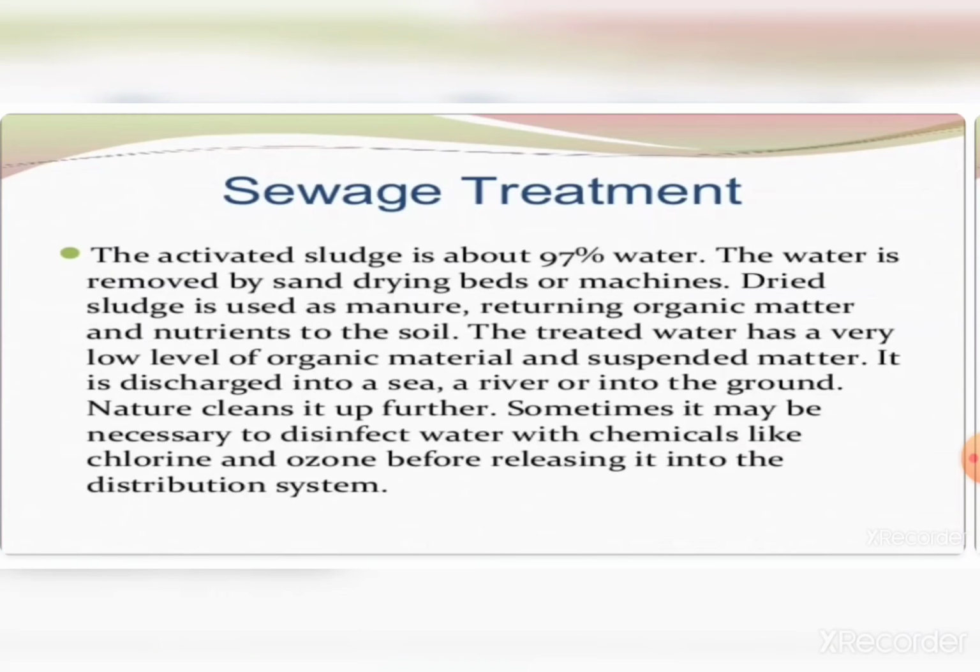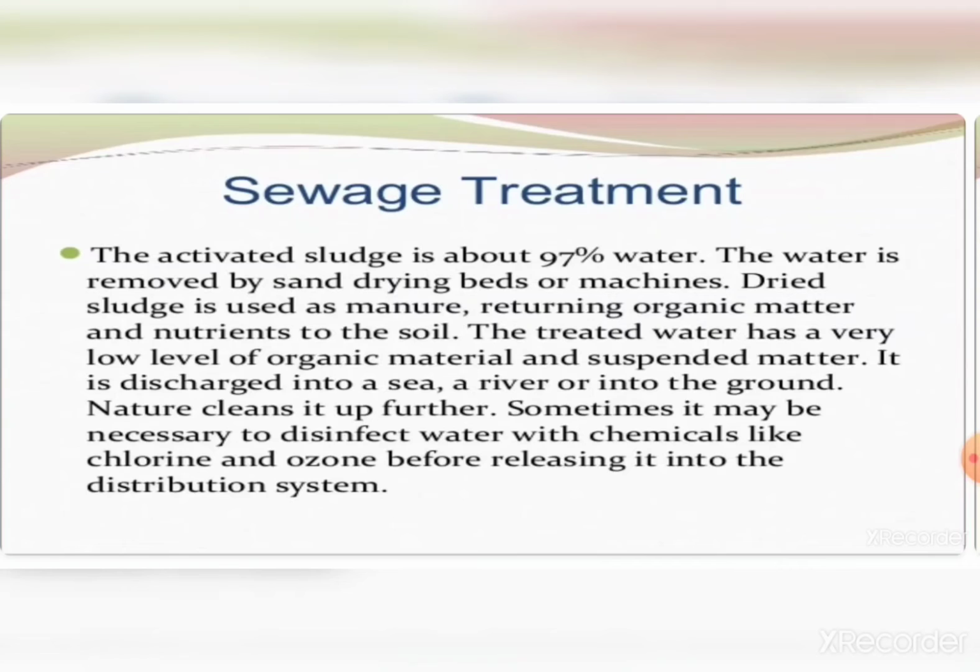The activated sludge is about 97% water. The water is removed by sand drying beds or machines. Dried sludge is used as manure, returning organic matter and nutrients to the soil. The treated water has a very low level of organic material and suspended matter.